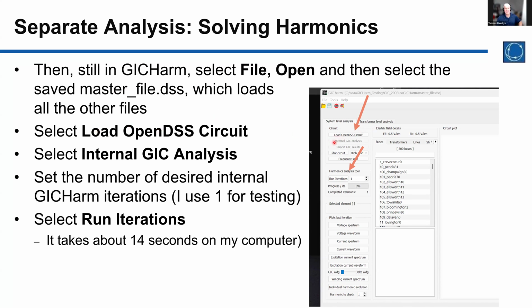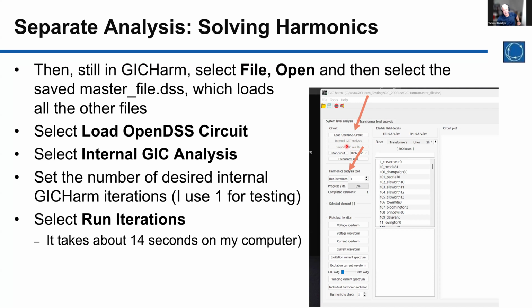Once you do that, if you want to use the tool's internal GIC calculation, which is what I've been doing for testing, just click internal GIC analysis, and it will take the assumed electric field in the OpenDSS format, which is by default 0.5 volts per kilometer in the east and north directions. It will use that.